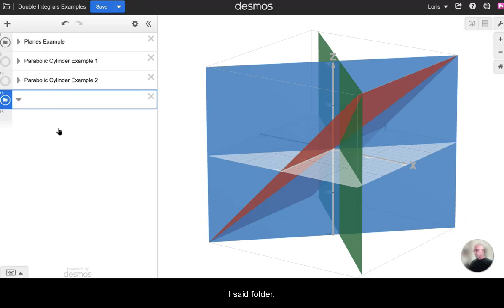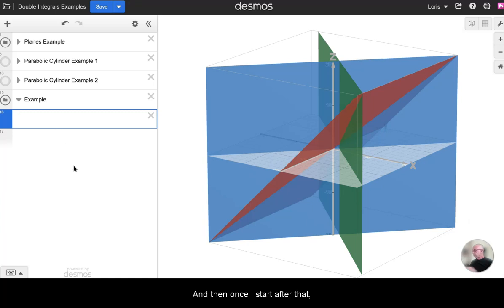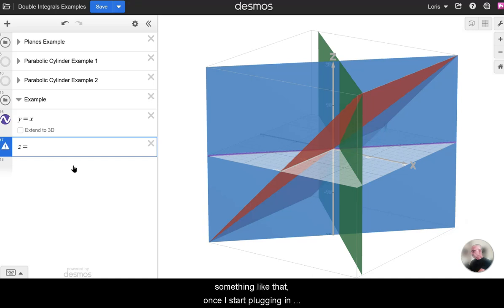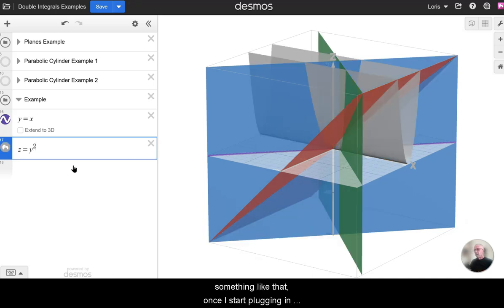I said folder, I say example maybe, and then once I start plugging in z equals y squared or something like that, once I start plugging in functions here, I want to make them part of this example.